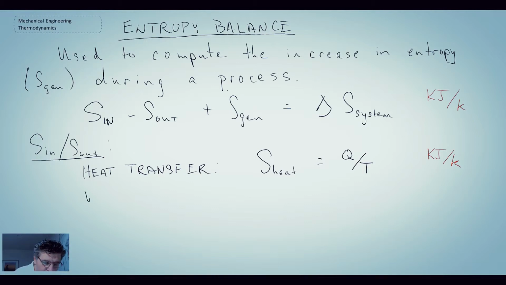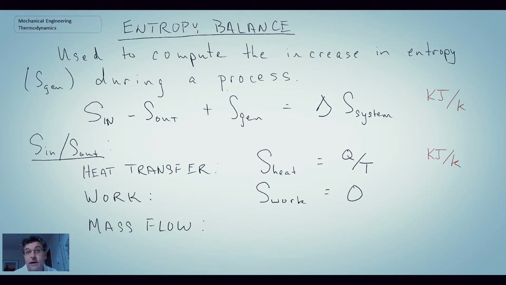Work does not contribute to any kind of entropy generation. And consequently, what we can write is entropy from work is equal to 0. And finally, mass flow. When we have mass crossing our system boundary, the mass itself can bring in entropy and it can leave with entropy.